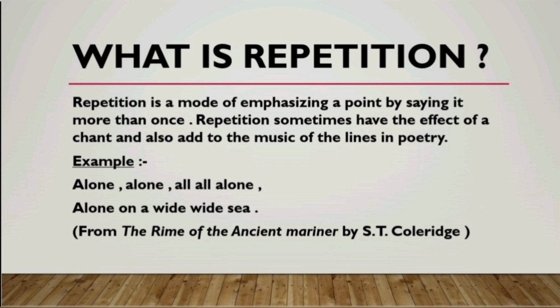So, repetition is a literary device in which a word or a phrase is used multiple times. It is found throughout literature, and most commonly in poetry and speeches, and it creates a rhythm and emphasizes a word or a phrase, and therefore gives a very beautiful musical effect to the piece of poetry written.